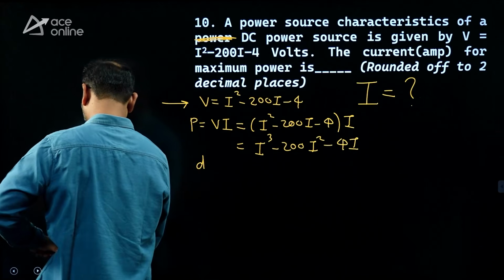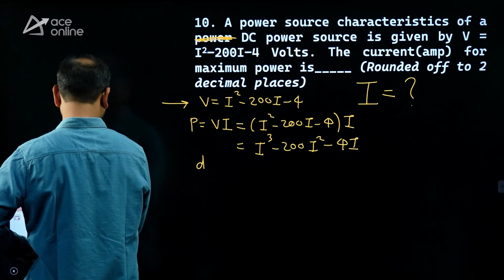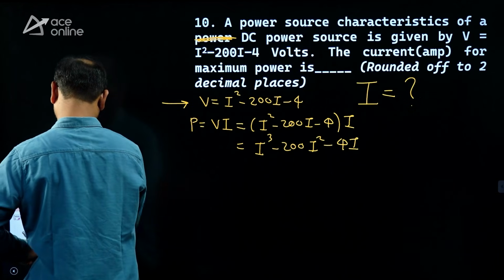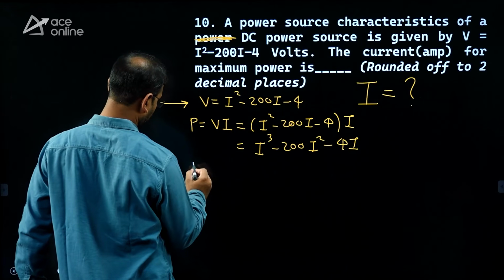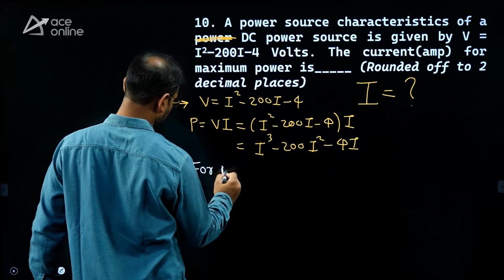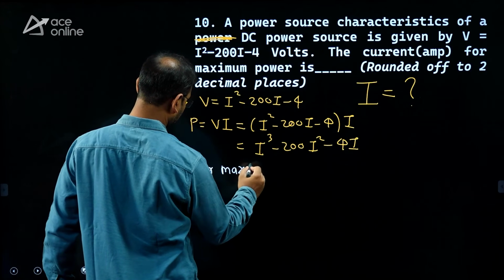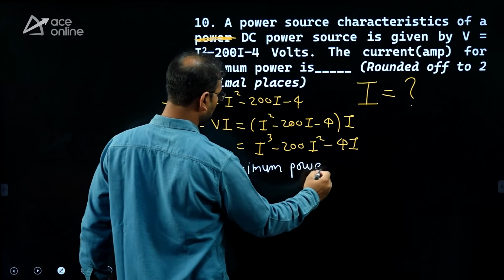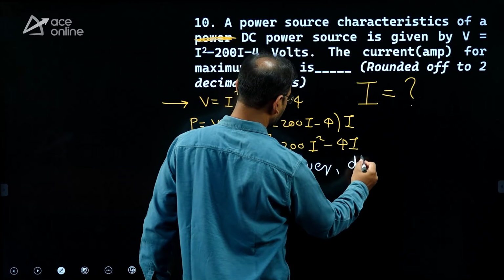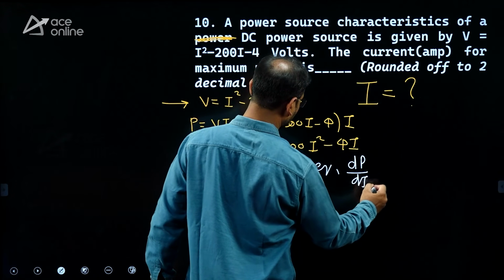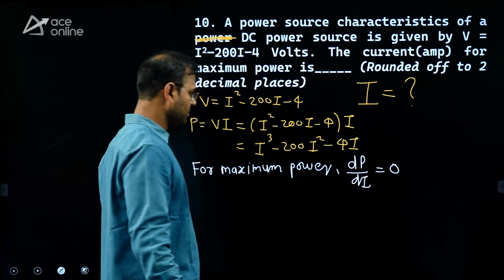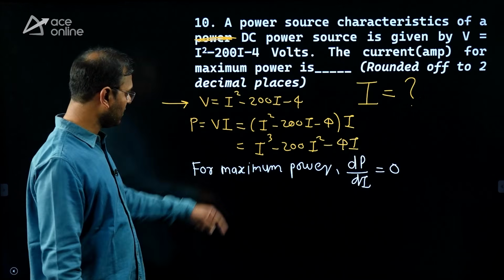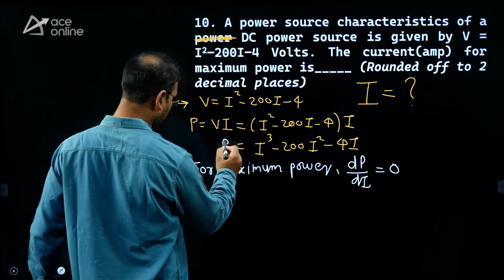For maximum power, what formula can we write? The derivative of power with respect to current is equal to 0. Why am I writing with respect to current? Because you can see that the current is available in our equation of power.